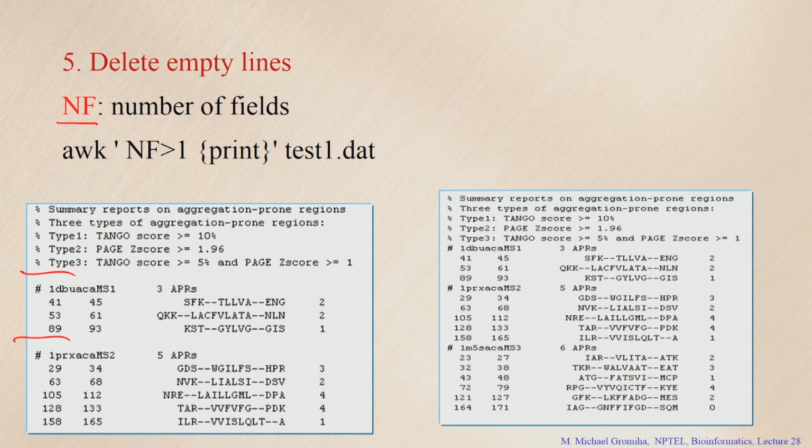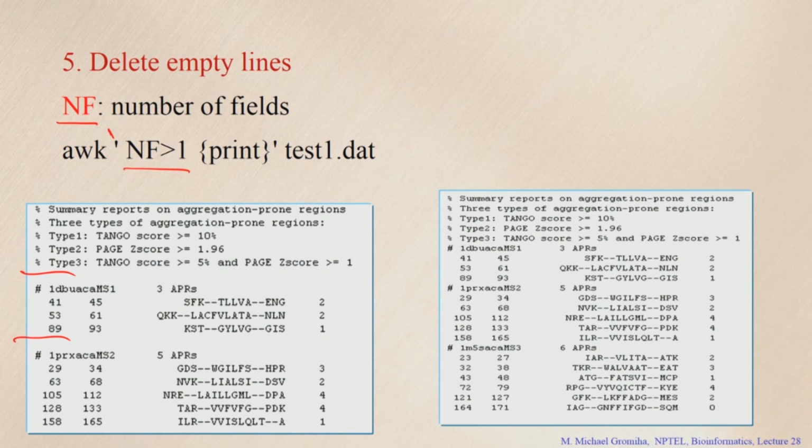If you want to eliminate the empty lines, keep only lines with at least one field. So you put NF is greater than 1. You can see the code from the condition till the action. Here the condition is NF is greater than 1.